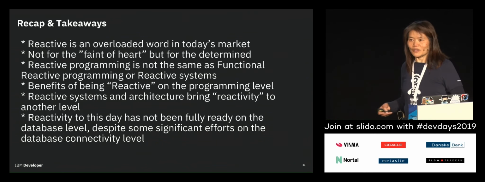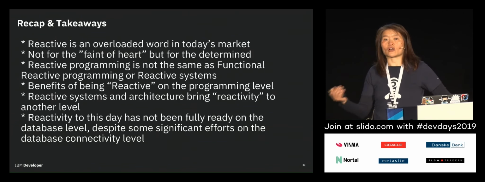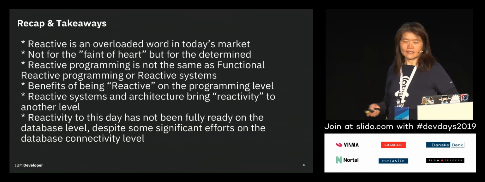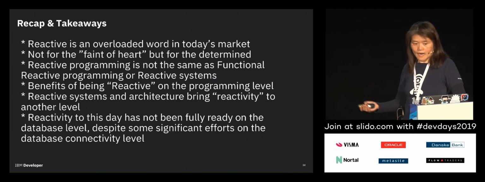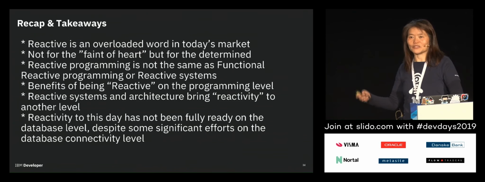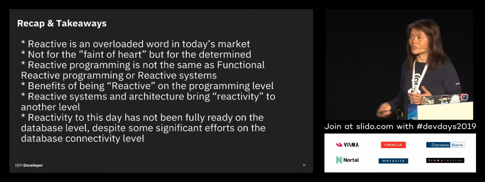Even though we say these are reactive systems, there are also reactive database connectivity libraries. For example, Pivotal came out with R2DBC, which is a reactive connectivity library. But that too is only for connectivity. So when you get to the database level, you're still waiting for the database to process things in a very blocking manner. So that's something I want to point out.